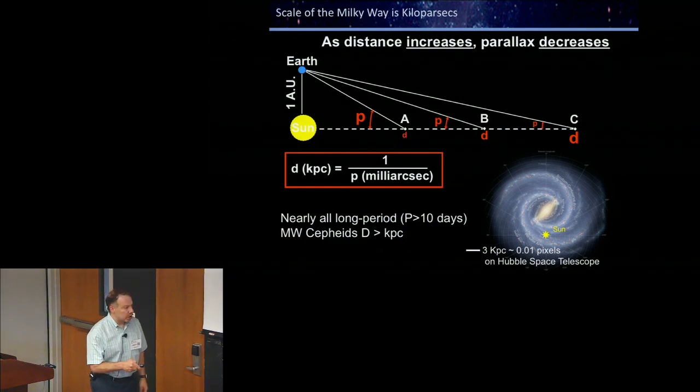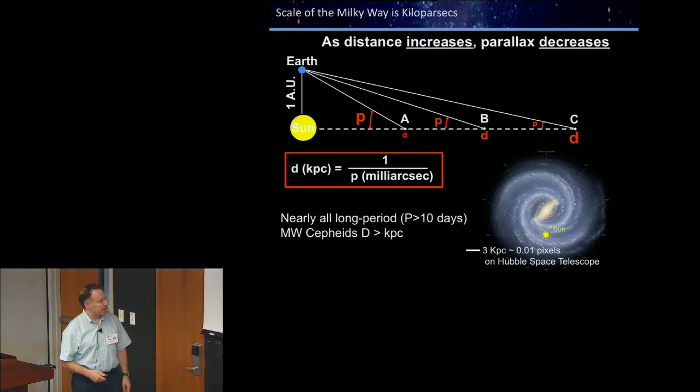And in particular, if you want to measure a parallax, and this would be typical of what we want to measure, 3 kiloparsecs, then that star will move back and forth 1/100th of a single pixel on the Hubble Space Telescope. And you want to measure that well, right? So, that sounds pretty daunting.